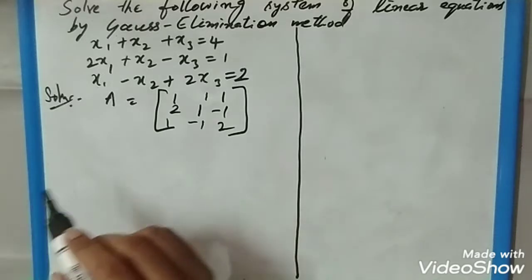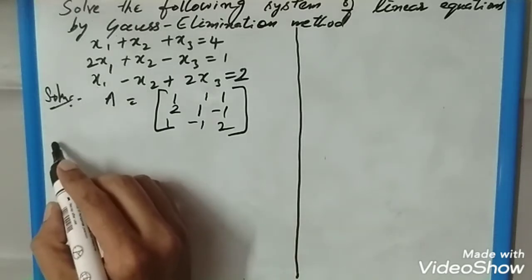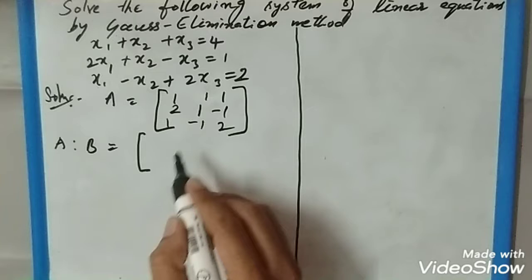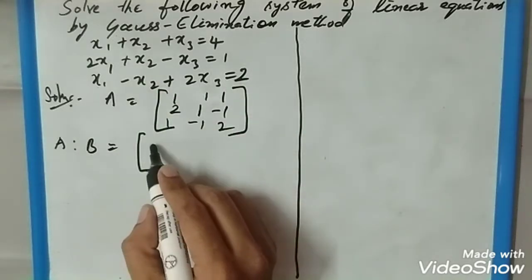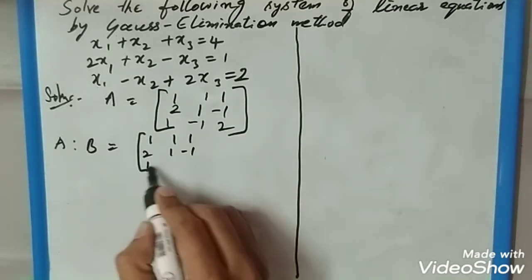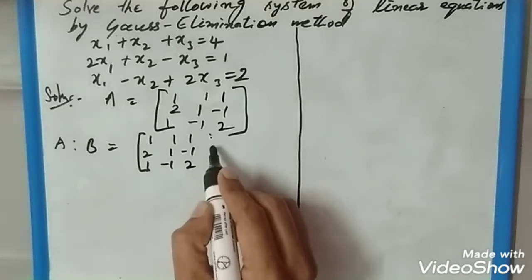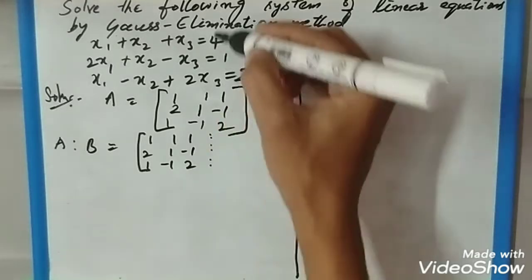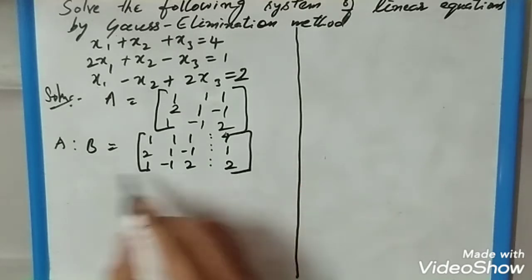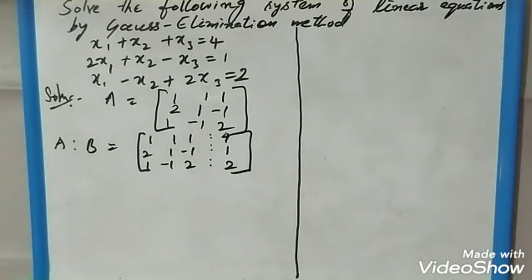This is called the coefficient matrix A. Next we need to write the augmented matrix, where you write the same 3 by 3 matrix, then a colon, and write down the right side: 4, 1 and 2. This is called the augmented matrix.